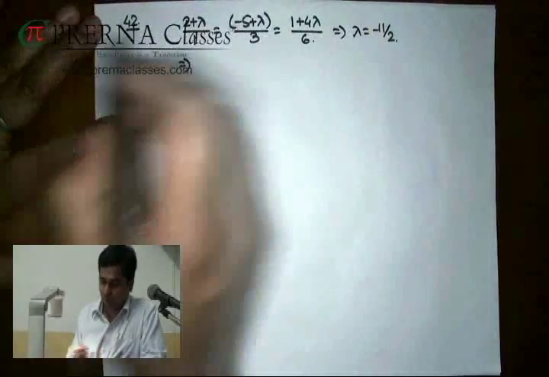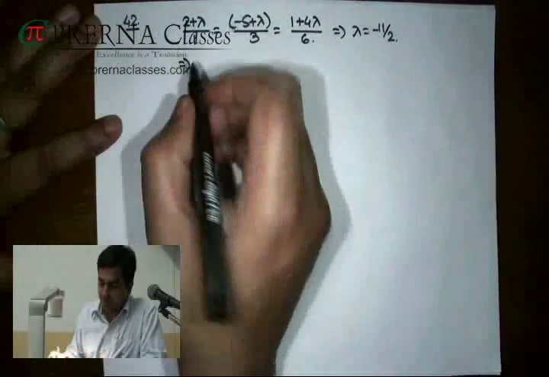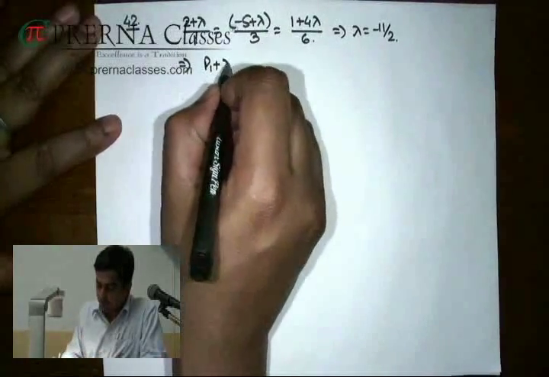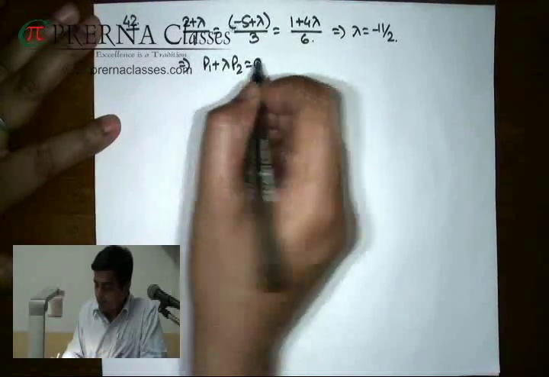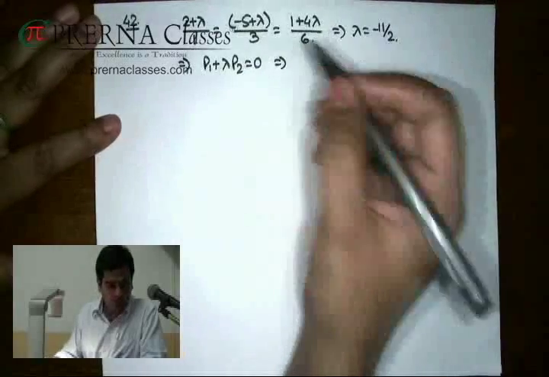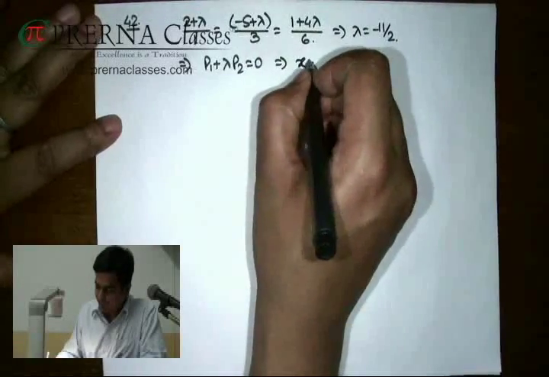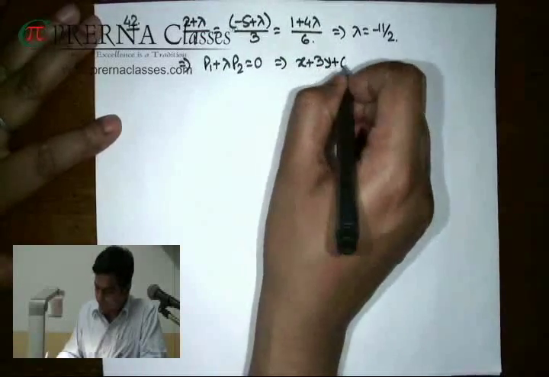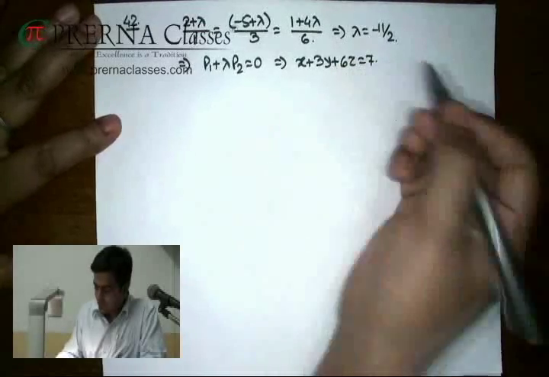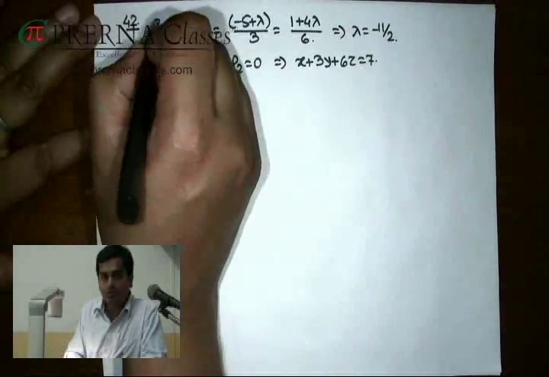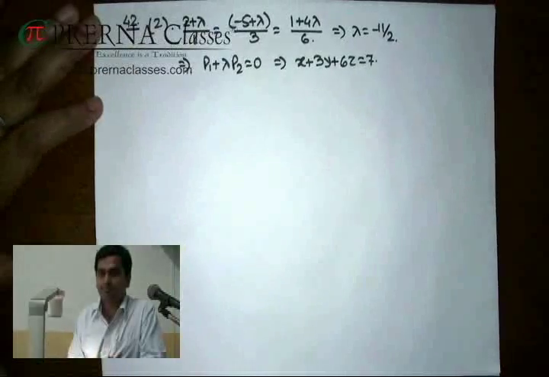Substituting that value in the family of planes as P1 plus lambda P2, you will find that this equation is going to simplify to the one matching option 2 in that problem.